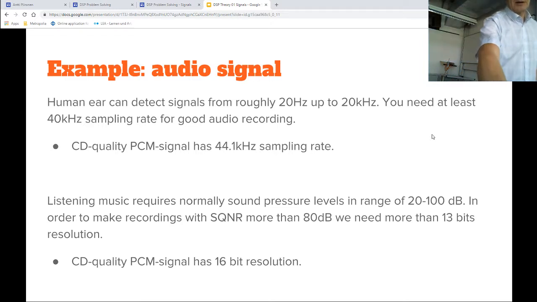Then 100 dB, okay, peaks can go up to that height, but 80 dBA, meaning the air pressure, is the one above which the noise will start hurting your hearing. Okay, students, you still need to hear.